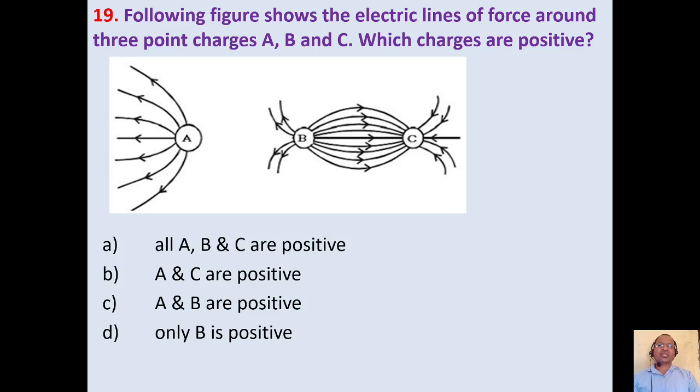So charge C, it is negative charge, whereas charges A and B, these are positive charges because direction of electric lines of force, it is away from the charge. So we have to find out which charges are positive. So charges A and B, these are positive from the figure.